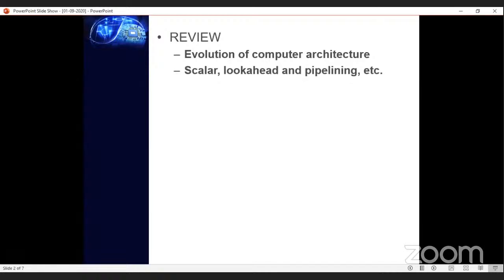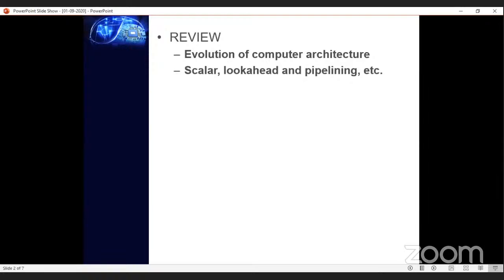So our last session topic, evolution of computer architecture, discussed how computers are classified by using the architecture, and even how the computer architecture evolved by means of process. The architecture started with scalar.